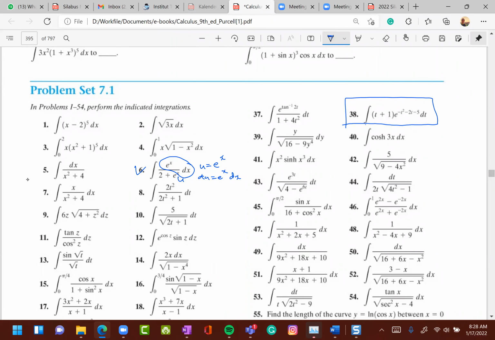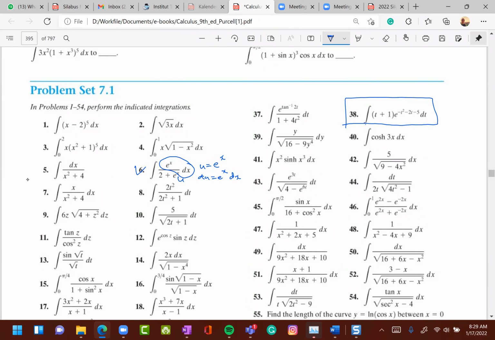What are your choices? It is negative t squared minus 2t plus 5, sir. Uh-huh. And t plus 1, but you have 2 choices.